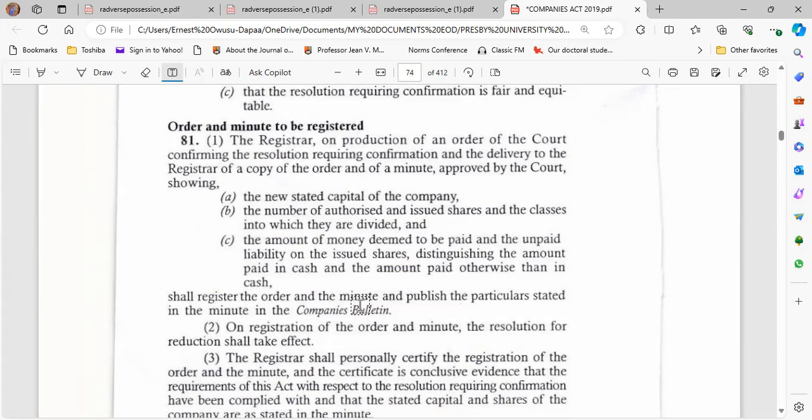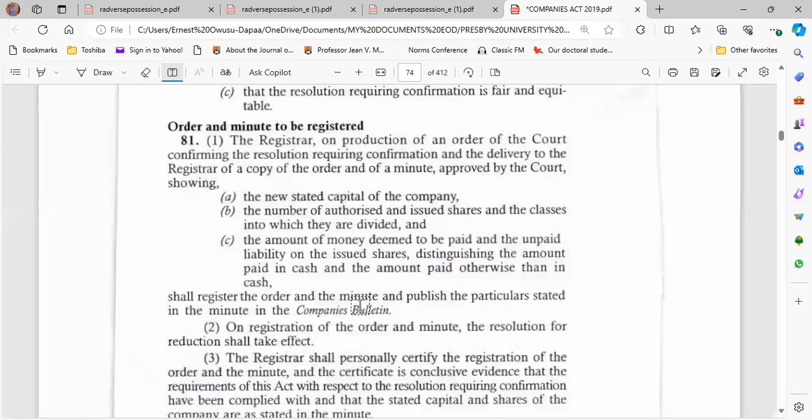Now, the company's bulletin is a special type of gazette meant only for giving the public information about incorporated companies. So where something relating to the regulation of companies needs to be officially communicated to the public, to the business community, you do that through the platform of the company's bulletin.